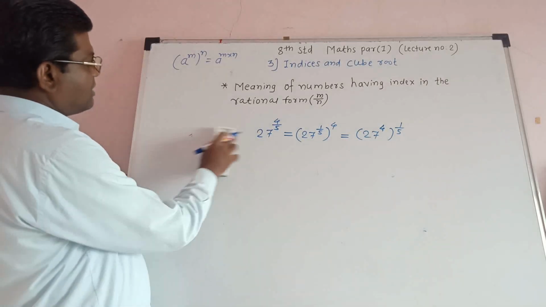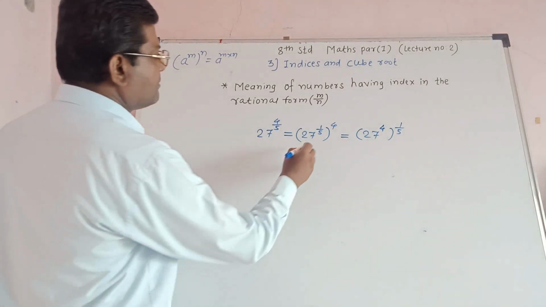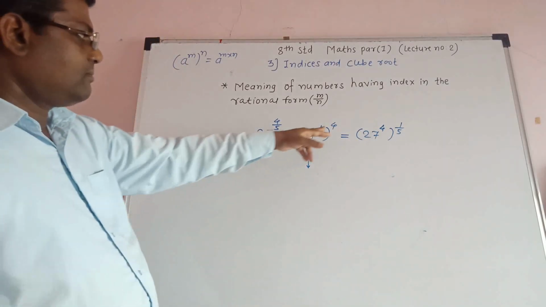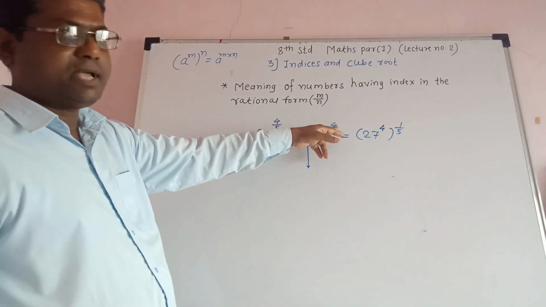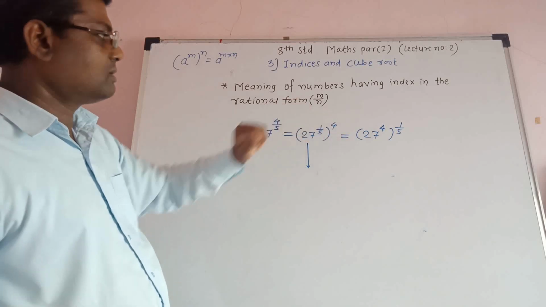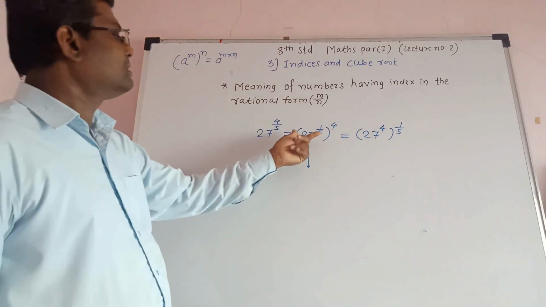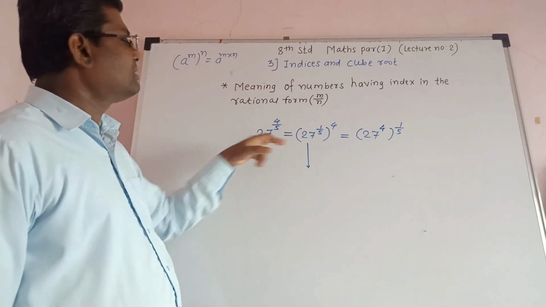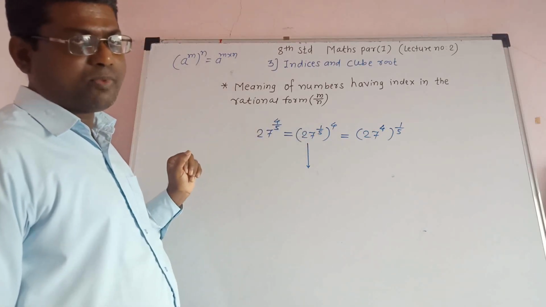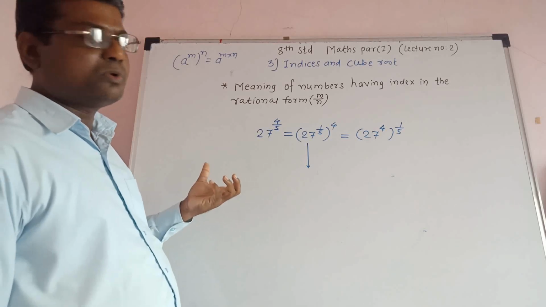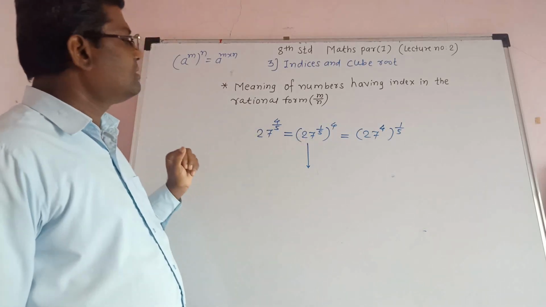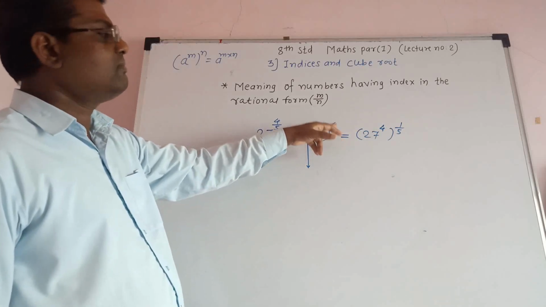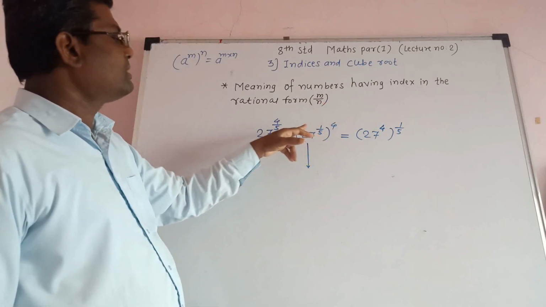Now what is the meaning of this? How to write this? Bracket raised to 4, that means it is a fourth power. Whose fourth power? This bracket's fourth power. What is in that bracket? 1 upon 5. 1 upon 5 indicates fifth root. Whose fifth root? 27's fifth root. So fourth power of fifth root of 27.